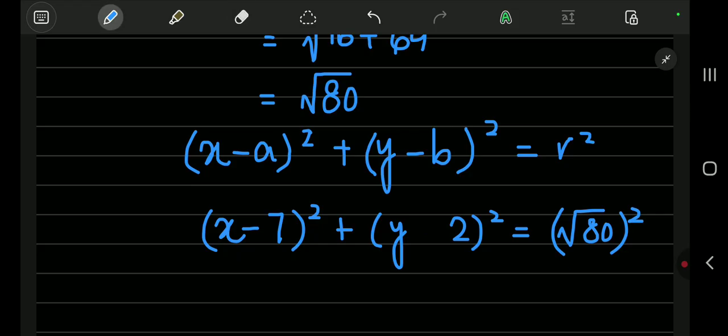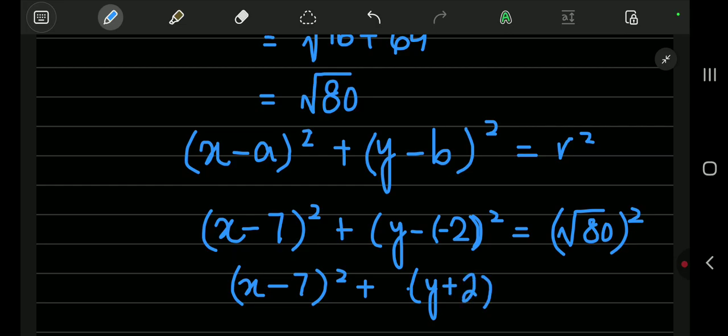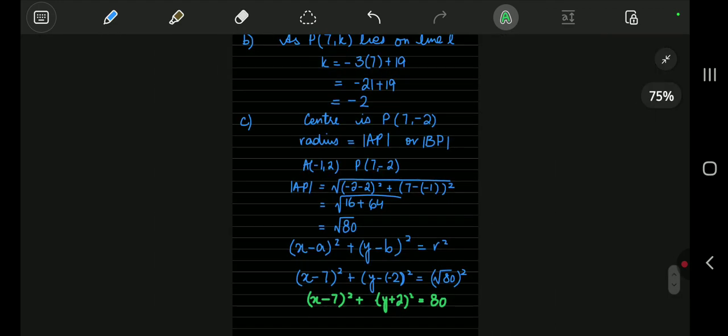Or just do one more step: (x - 7) squared plus (y + 2) squared equals 80. So this is your equation of the circle.